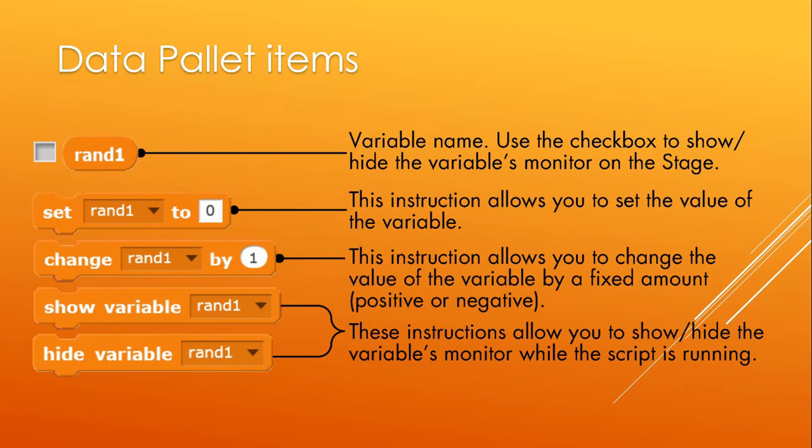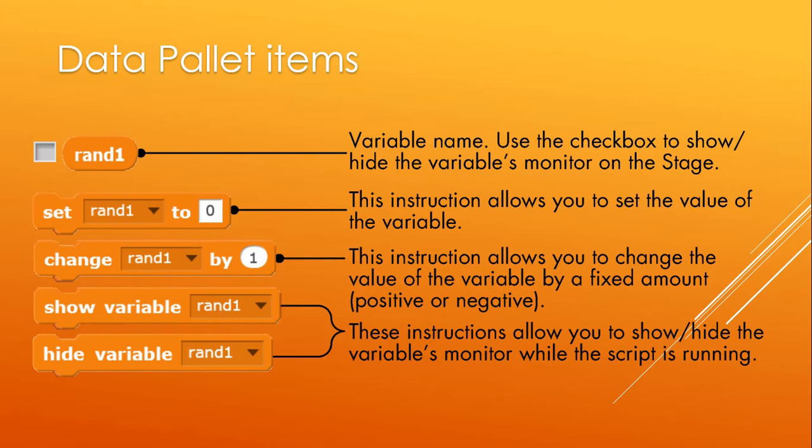Once you've created the variable, you'll see a number of options available in the data palette. The top two are basically the ones used to control the value of that variable. The set random to 0 is your absolute setting. Remember the difference between absolute and relative.